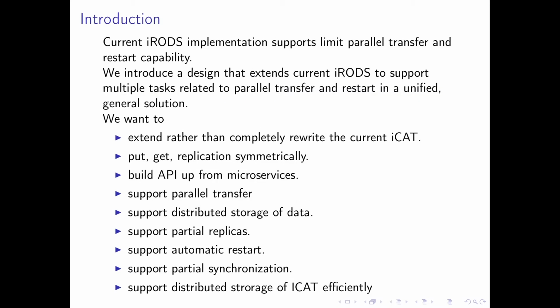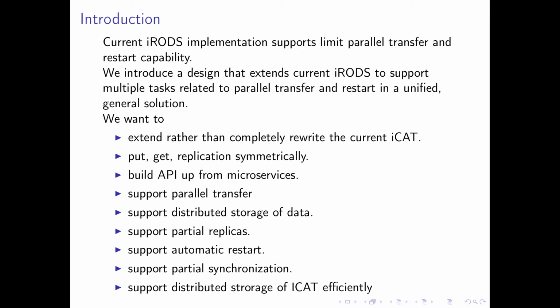Here are some of the things that we're thinking about when designing this new mechanism. First of all, we don't want to restart the whole thing and redo everything. We want to build on top of the existing iCAT design, which works pretty well for a lot of people. We just want to add the features that people want without taking away the existing features.